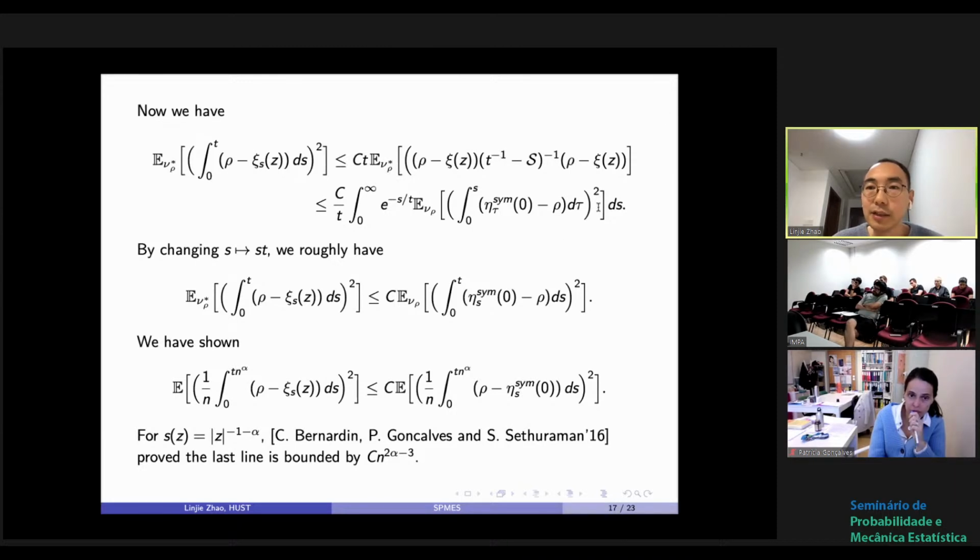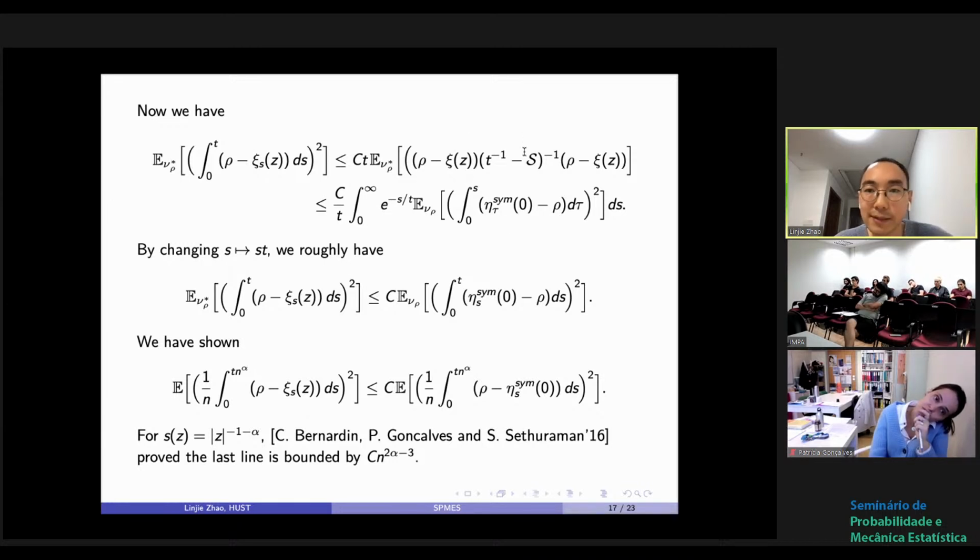So far we have shown that the variance of the occupation time could be bounded by this term, by the H-1 norm of the symmetric exclusion process, and it is also a classical result that the H-1 norm of the symmetric exclusion process is associated with the Laplace transform of the variance of the occupation time.